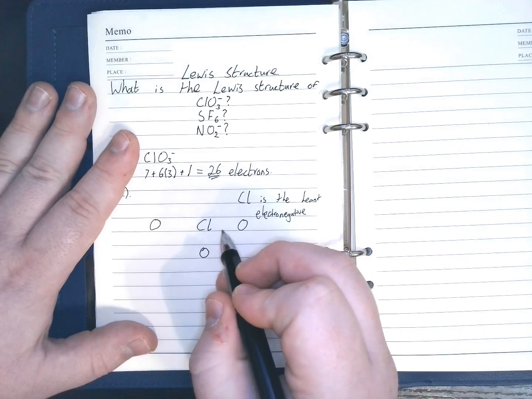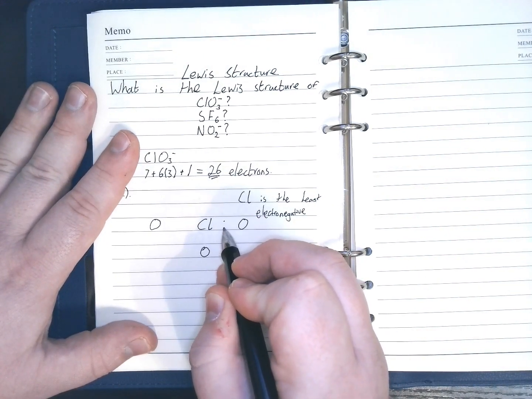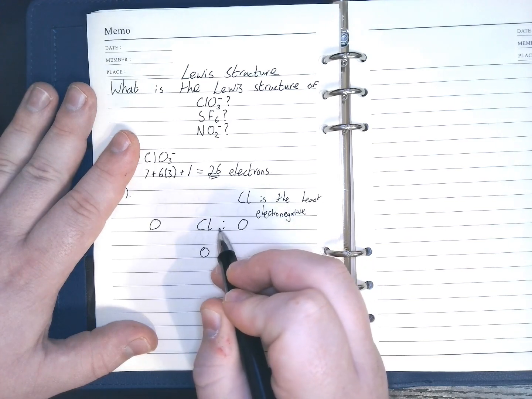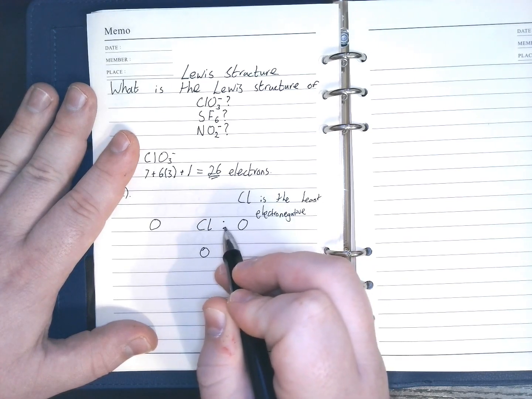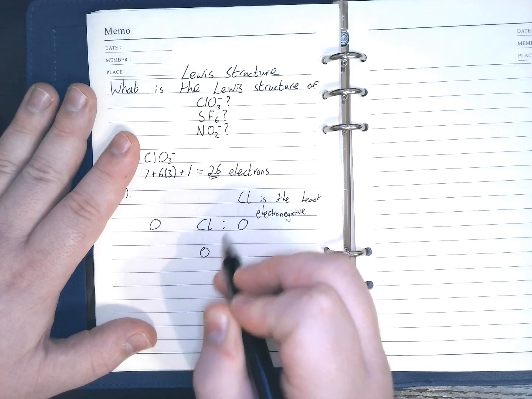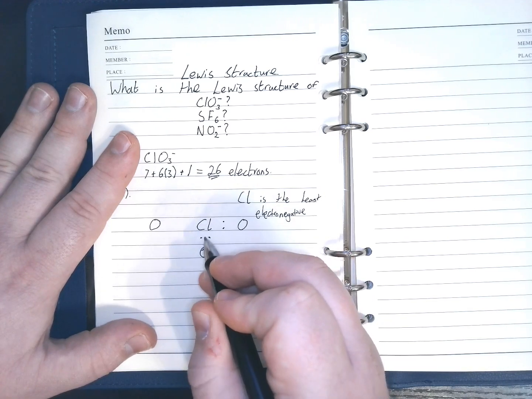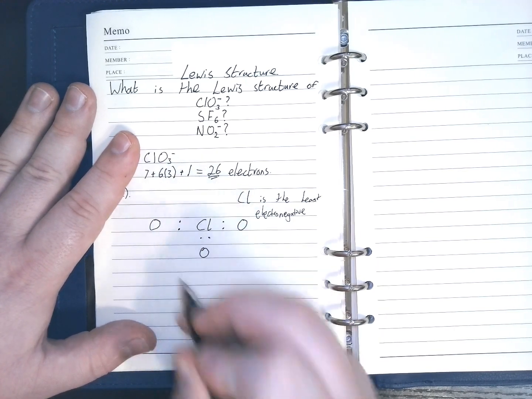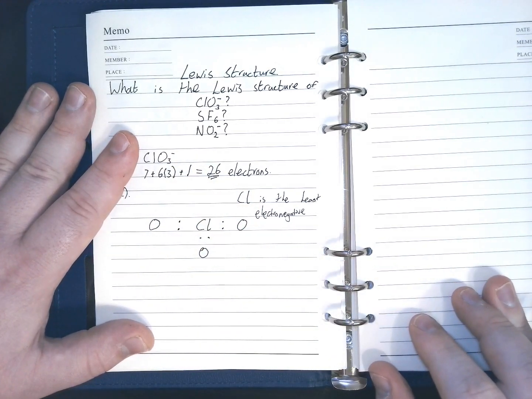So, let's bond them. Each 2 dots between atoms indicates 1 bond. So here we have 1 bond. Here we have 1 bond. And here we have 1 bond as well.